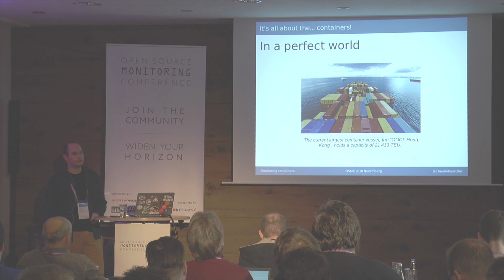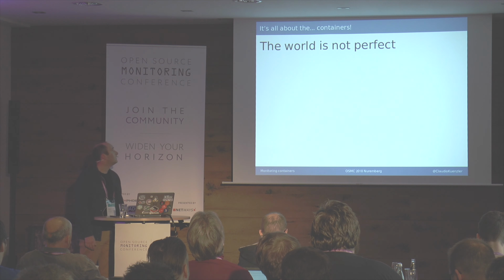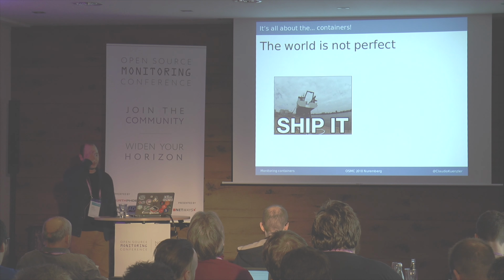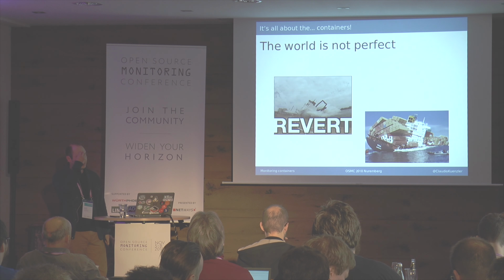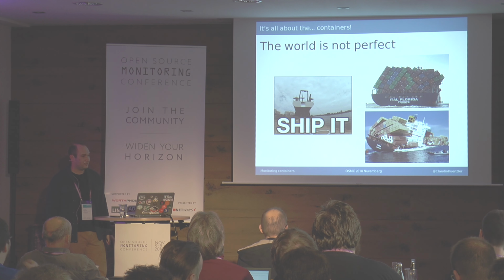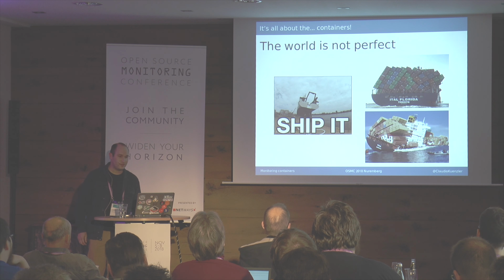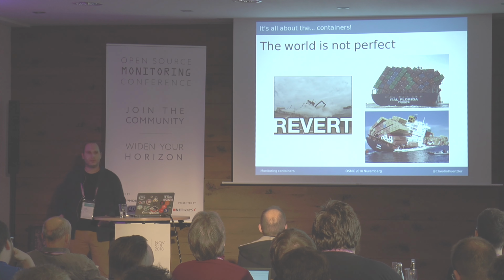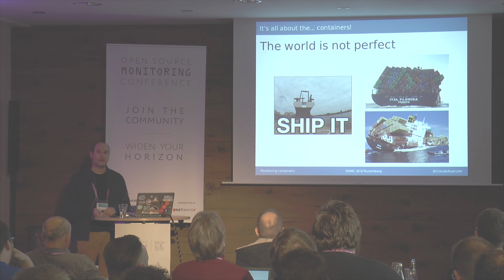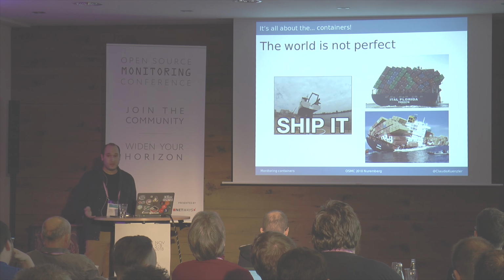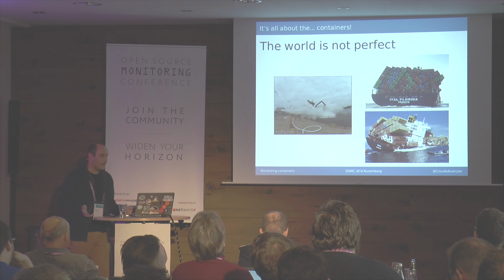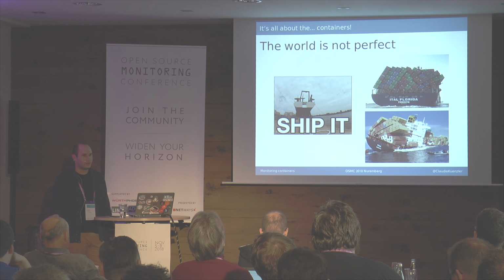There's never an incident. But, of course, there's a but. The world is not perfect. We have several environmental things we have to consider. We have waves, we have storms, we have technical equipment which can fail, we have human errors which can occur, and containers can fall overboard.